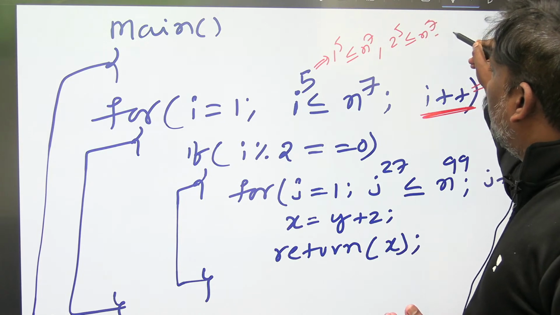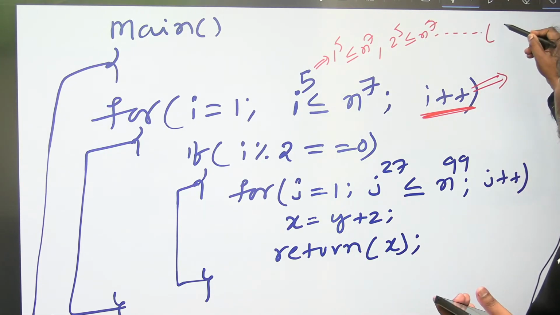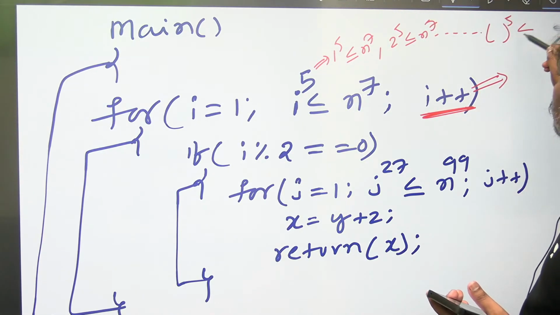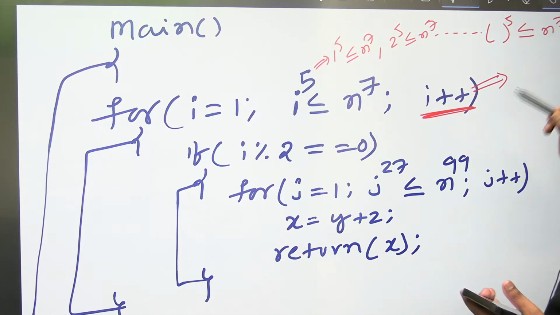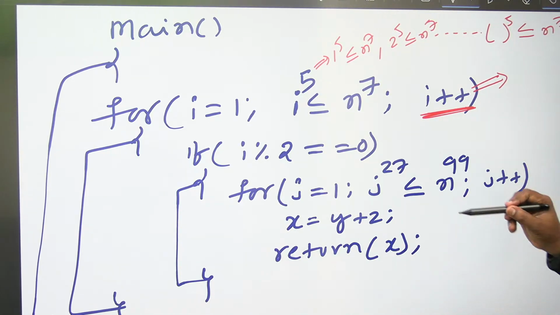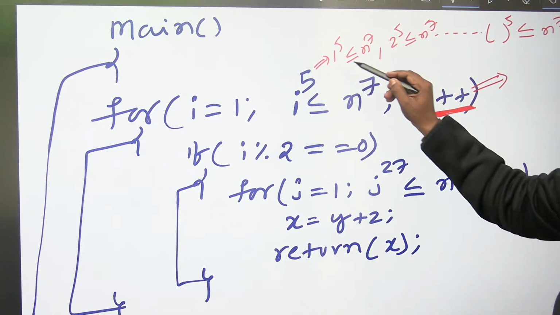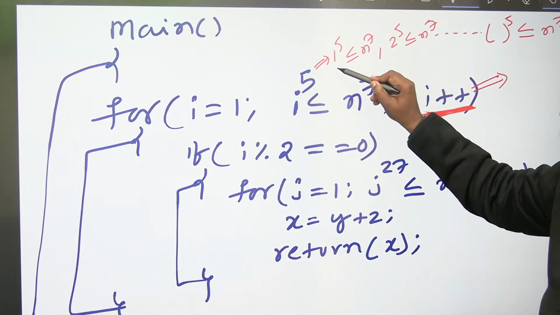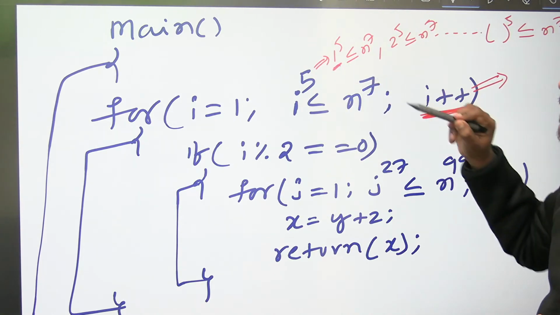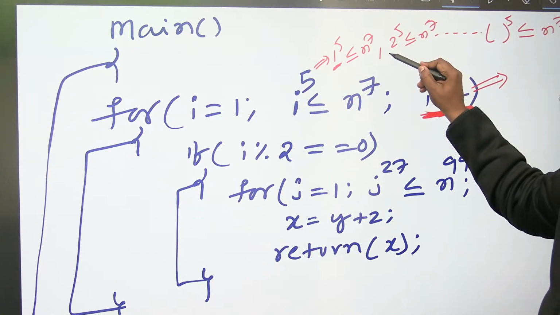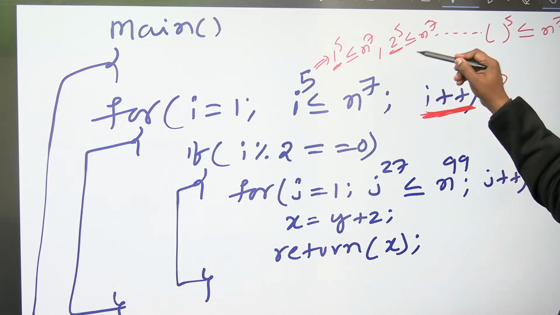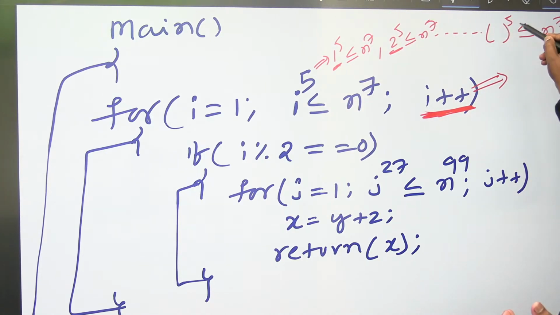Continue. Some number whole power 5 is less than or equal to n power 7. Can you say what is the last number going to pass? i is always incrementing by 1 only.